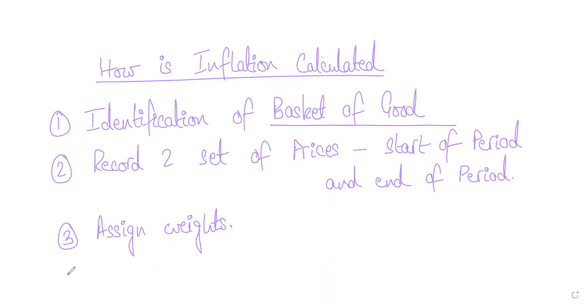Let's keep this constant. Assign weights, and then the fourth and last thing that you have to do to calculate inflation is simply to do the calculation. Let's write it down like this. Students, what we are doing right now is looking at how inflation is calculated. The way inflation is calculated in any country is through a method known as CPI, which stands for Consumer Price Index.